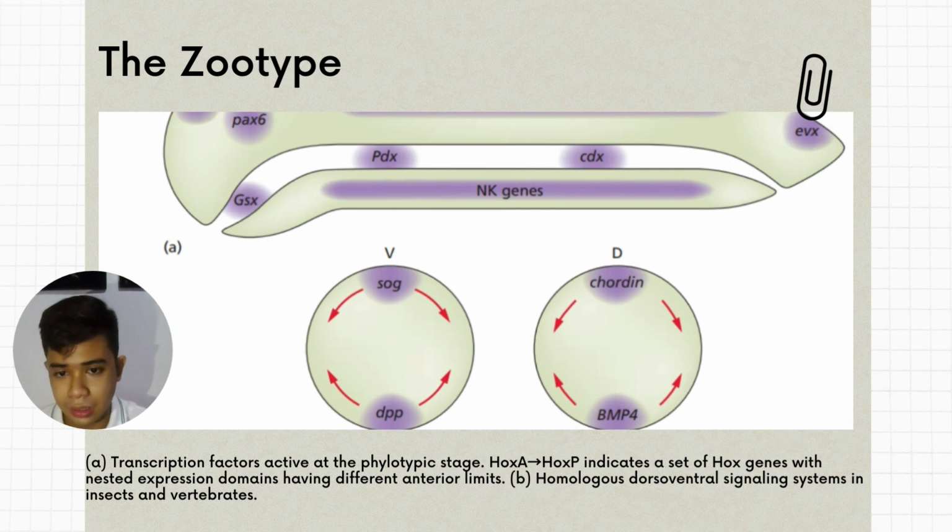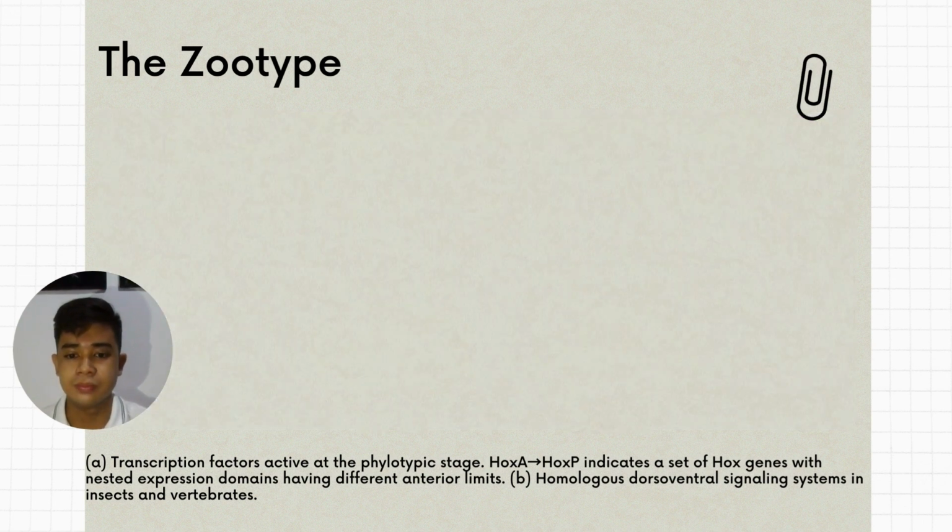The HOX-A and HOX-P indicates a set of HOX genes with nested expression domains having different anterior limits. On letter B, we can see homologous dorsoventral signaling systems in insects and vertebrates. So basically, these expression domains are responsible for the formation of the said body plans that can be observed on the animals that belong to the same taxon or group.